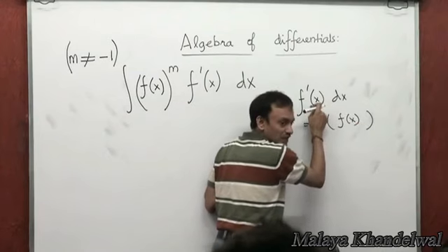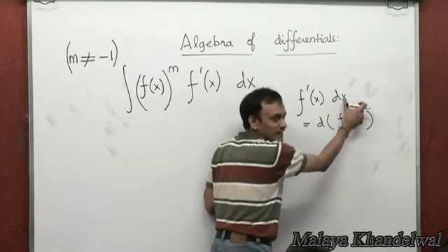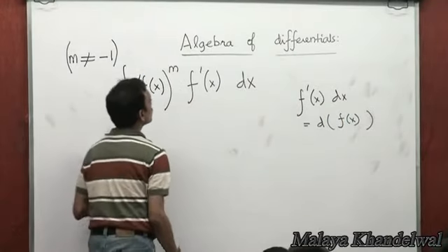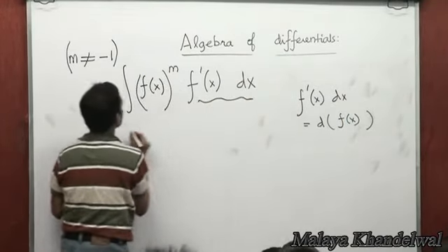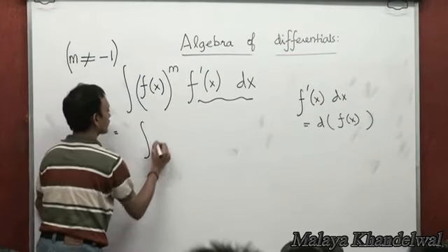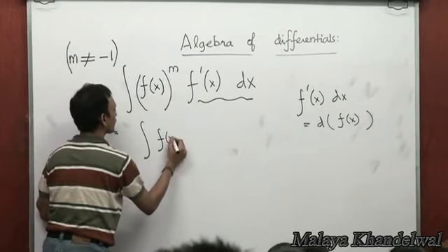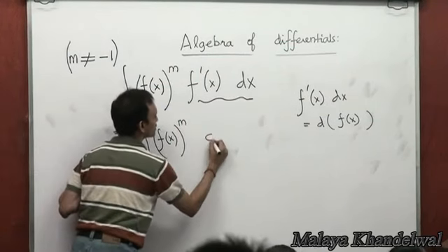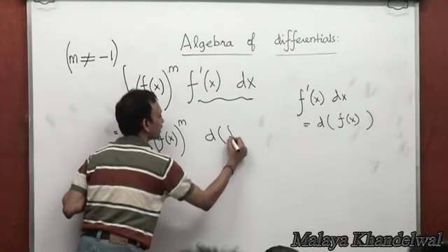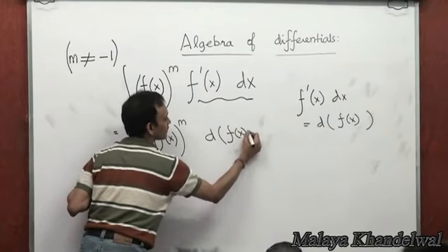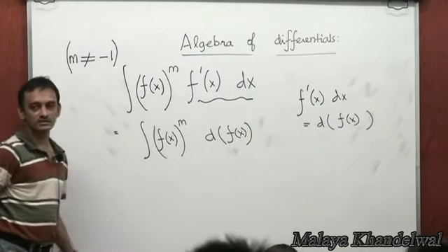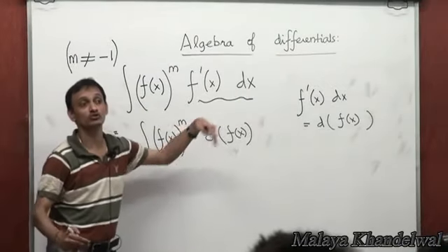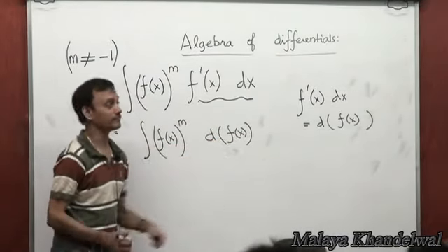So d of f(x) would be f dash x dx. So this f dash x dx I could write as d of f(x).